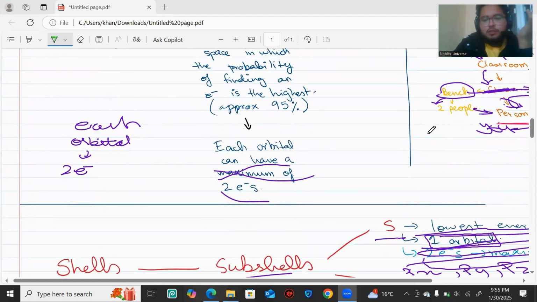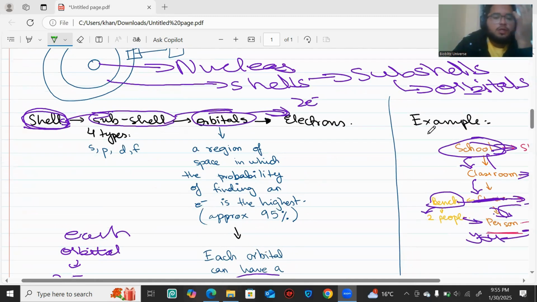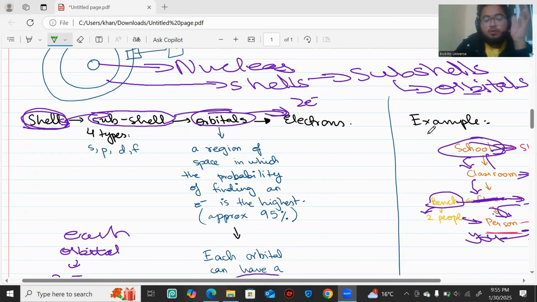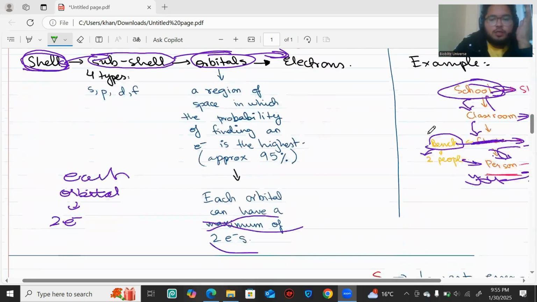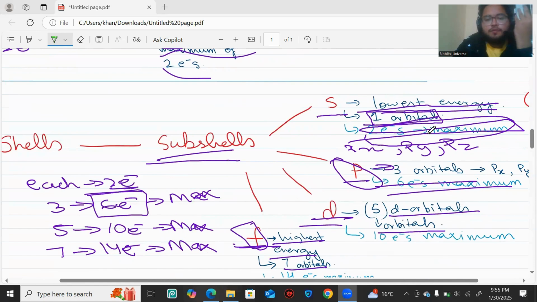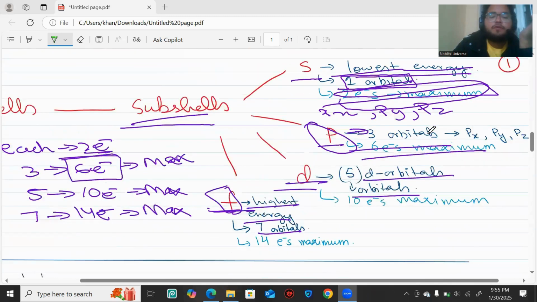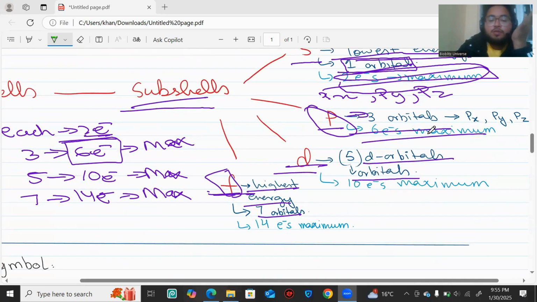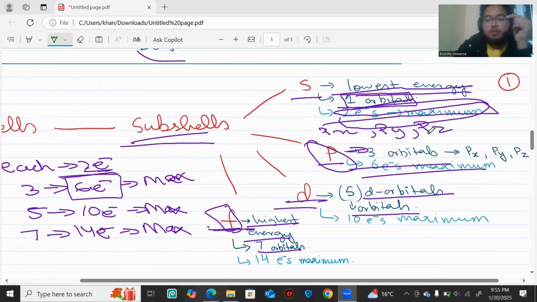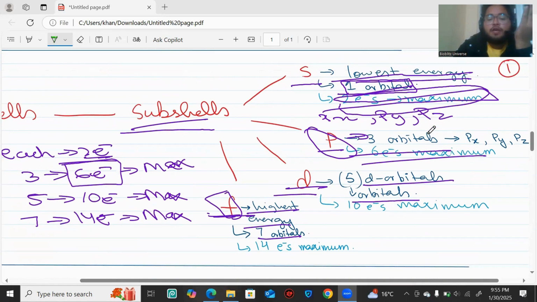Each orbital can hold up to two electrons, the maximum. Then there are four types of subshells: s, p, d, f. The s subshell has one orbital, p has three, d has five, and f has seven orbitals, in which s is the lowest energy and f has the highest energy.